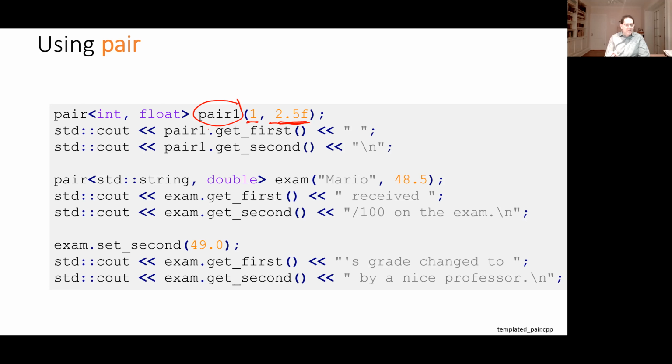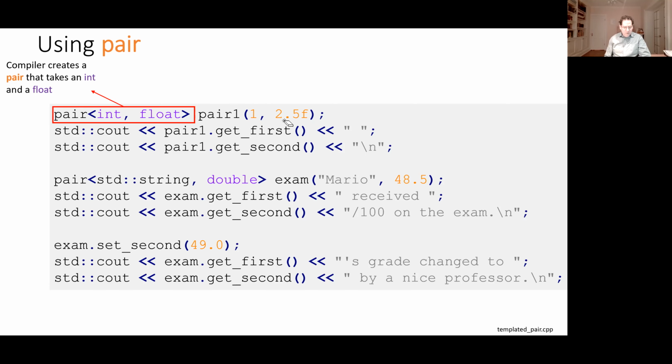In C++, you always have to say the type when you declare a variable. Well, it's of type pair, but pair is not enough. Pair is a recipe. We have to say what kind of pair. It's a pair with the first type being an int and the second type being a float. So this together is enough to say what kind of object I want, and now we get an object with name pair1. And because of the way I defined the class and what I'm trying to do, I also want to pass some numbers to the constructor.